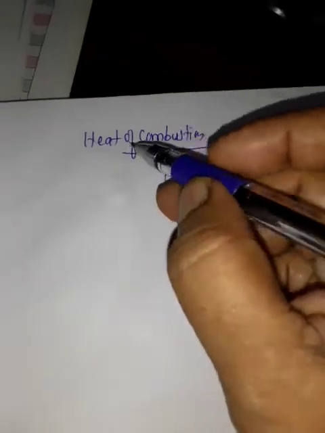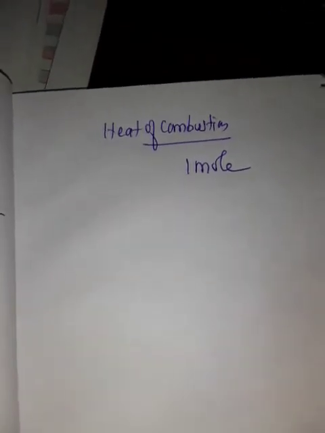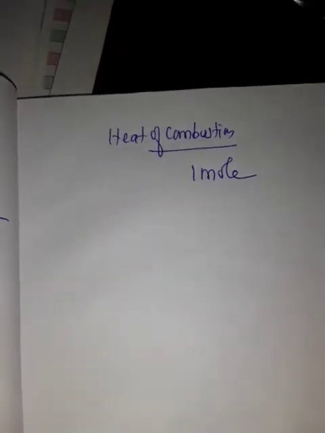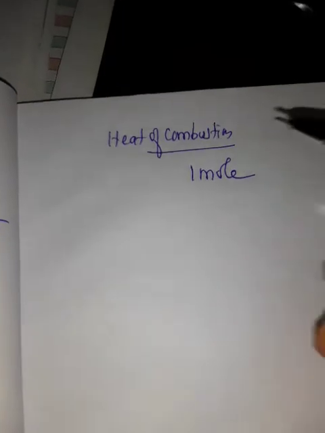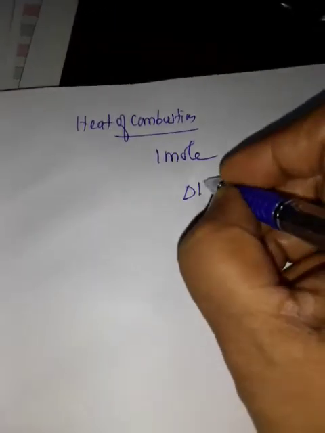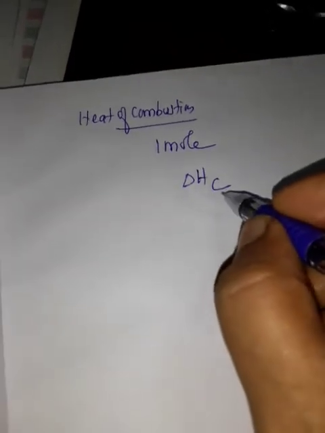It is denoted by delta Hc. C means combustion, delta H means change in enthalpy.